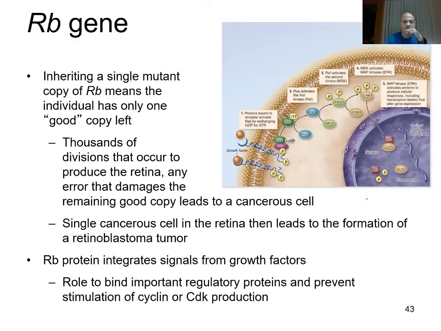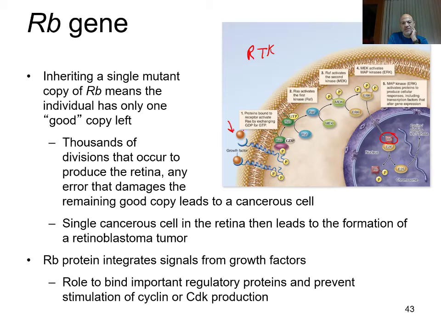So if we take a look at the RB gene for retinoblastoma, as long as you have one good copy, we saw where it was. It was located in here. That was the RB gene we were talking about in the earlier section. So you can see here you have your RTK transduction pathway, the receptor tyrosine kinase.